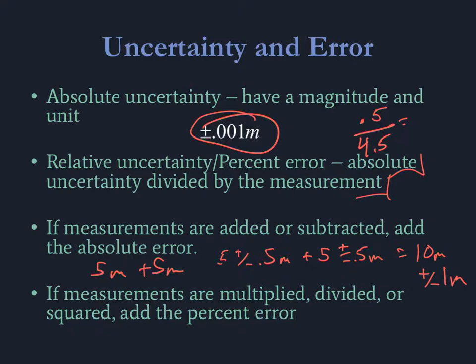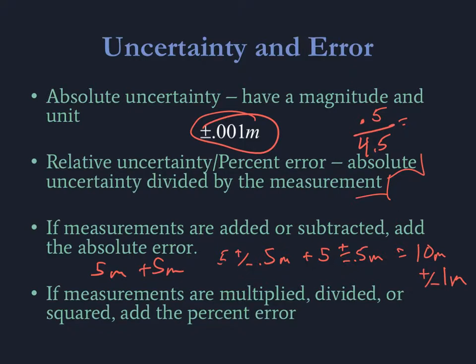If we're multiplying or dividing, then we're going to add the percent errors. So same idea, except we would have that extra step of what we did up here with the 0.5 over 4.5. We have to convert to a percent error, and then we add the percent errors, and that would be our final error.